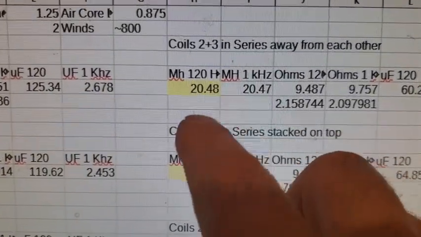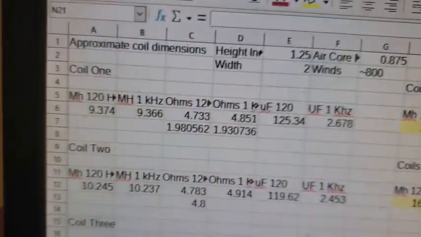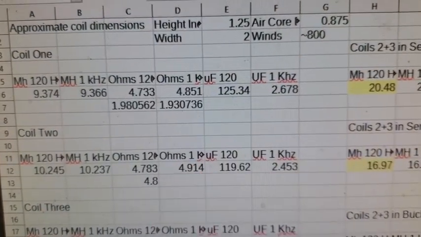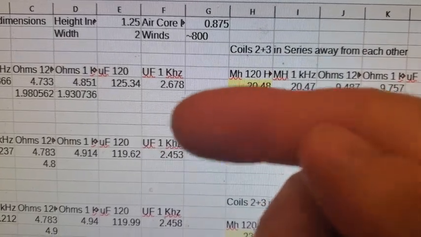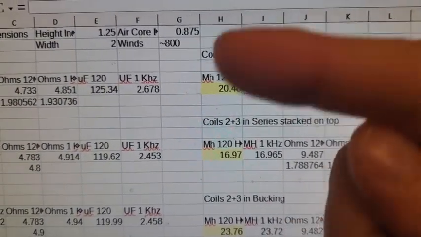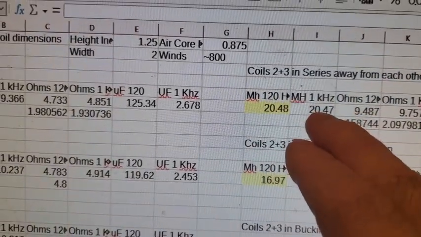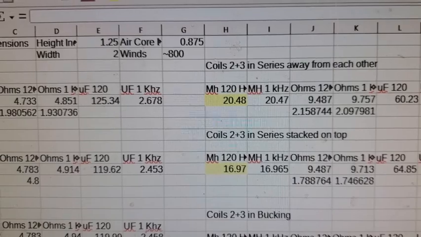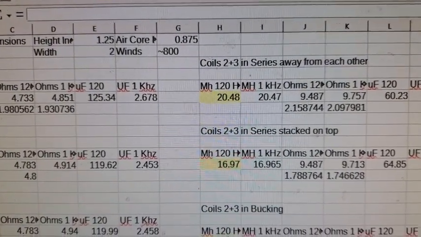Yet when you're pulsing to charge a cap, these two in series do better than each one of these individually. But you would think, all right, twice the inductance, twice the strength of the magnetic field, twice the resistance, it changes half as quickly. They should be identical, but they're not. This is better. I'm trying to wrap my head around that one too. I don't know.